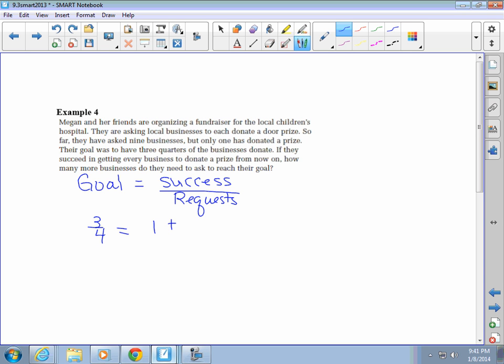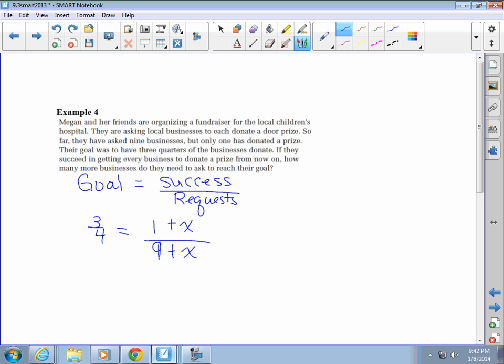So how many more successes do they need? Oops, that should be a 9. They have started with 1 out of 9, so how many more of each? They're going to increase it. The more they ask, the more they're going to get.